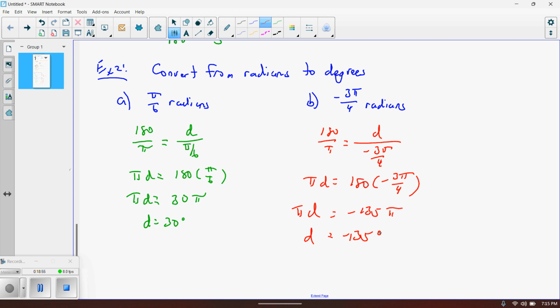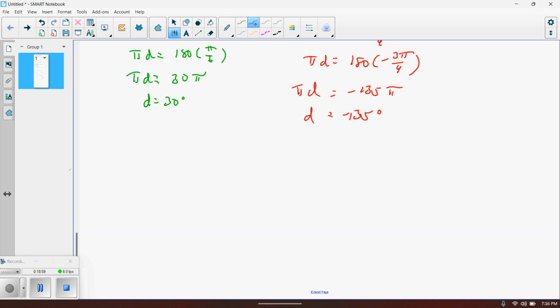Okay, I did say we're only going to do 2 examples, but I'm going to extend that to one more example, where we want to convert 5 radians into degrees. The reason I'm bringing this up is because a lot of times people see 5 and they're like, but that's not a radian because it doesn't have a pi in it. It does not have to have a pi in it.